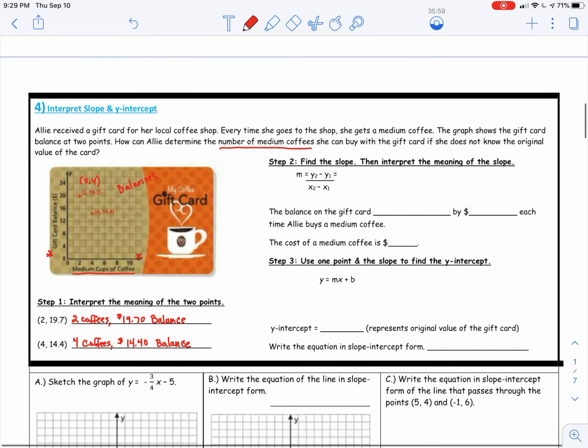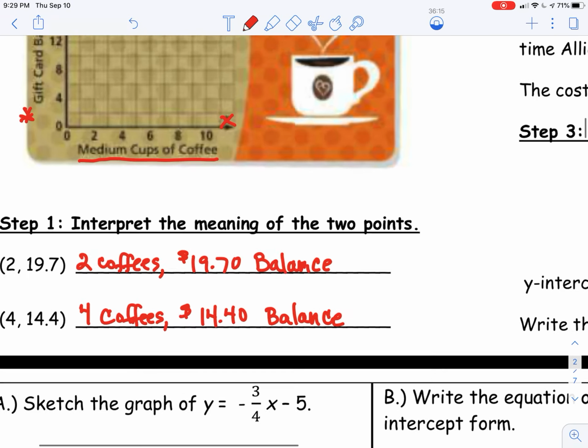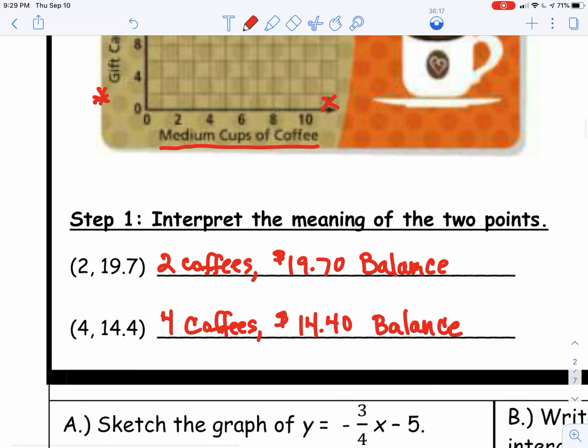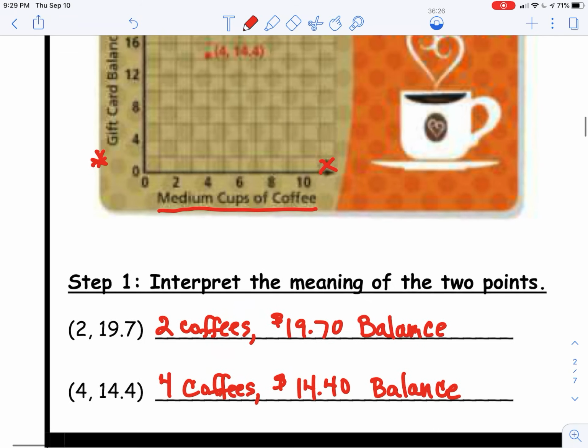So we're going to do what we did in the last couple of problems, where we have 2 sets of points. We have, remember, 2 and 19.7 and 4 and 14.4. So we have a Y2 and a Y1 and an X2 and an X1. In case you don't remember what I'm talking about here, I'm going to go over here and label those. Y2 is 19.7.